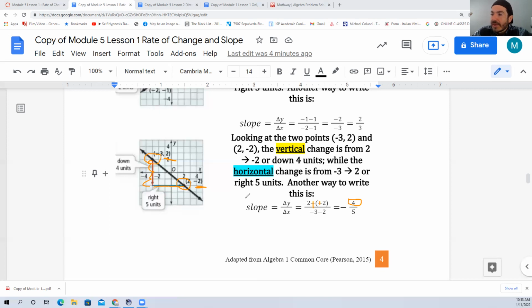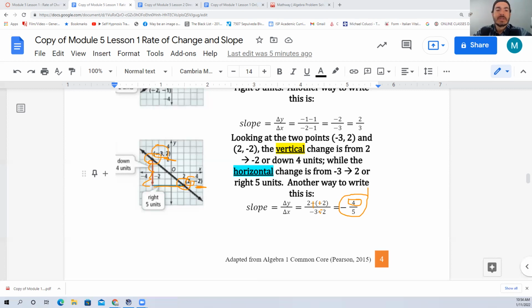Or -3, they took this number first and they subtracted a +2, which is the same as adding a -2. Add the opposite of, and they came up with -5. So they came up with +4 over -5, which would give us a negative number, -4/5. But we already knew it was going to be negative because we saw that the slope was going down. If we had to walk from left to right, we would be tumbling down the hill.